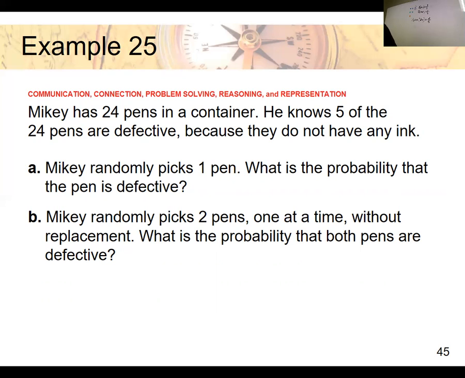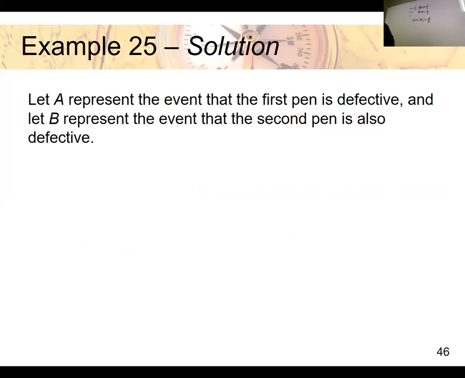He knows 5 out of the 24 pens are defective. So, well, in A, the event is that the first pen is defective. B, the event that the second pen is also defective. Okay.